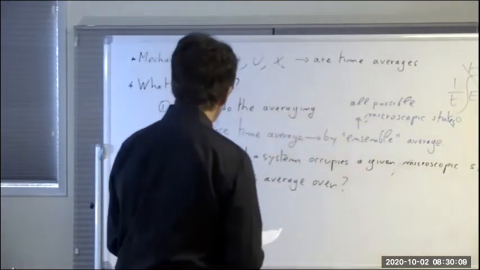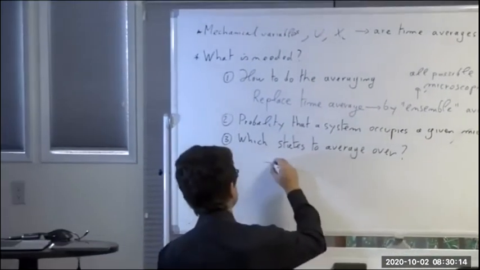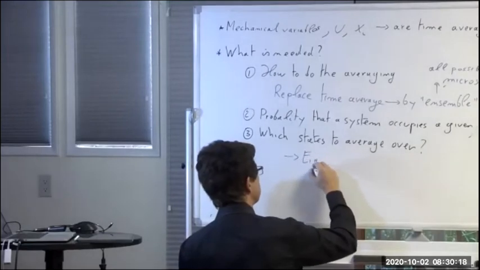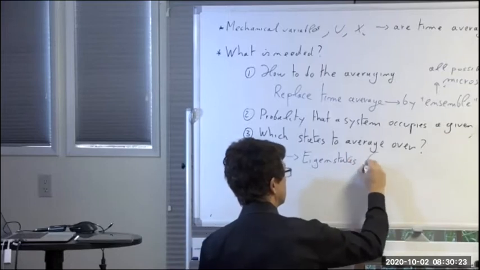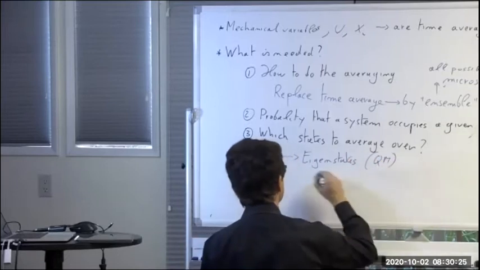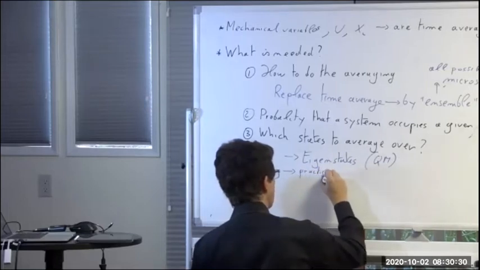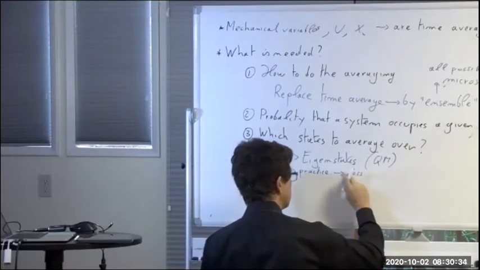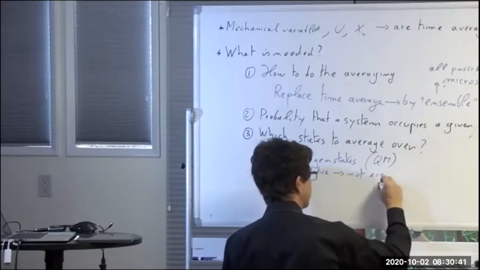And that will link us to quantum mechanics, because formally the states to average over are the quantum eigenstates of the system. So this comes from quantum mechanics. In practice, we will be a little less rigorous here. So maybe not always eigenstates.